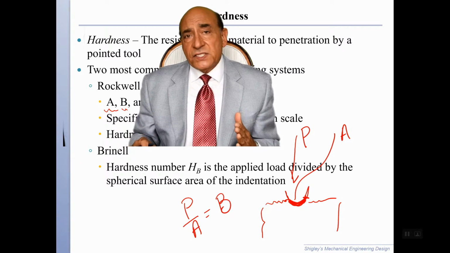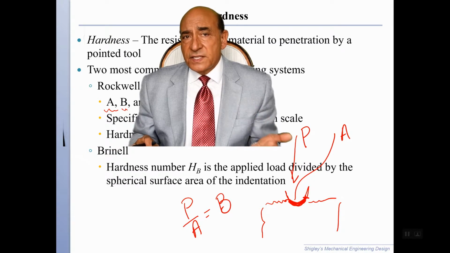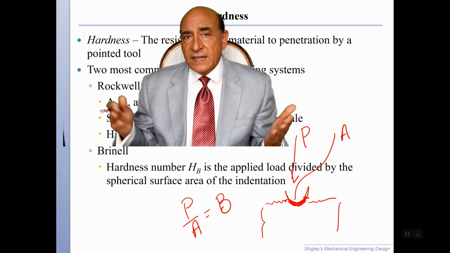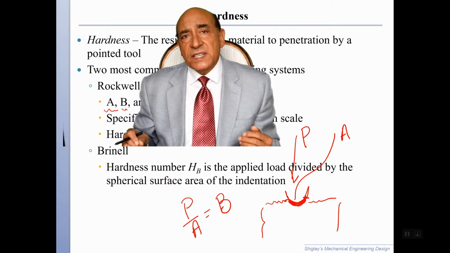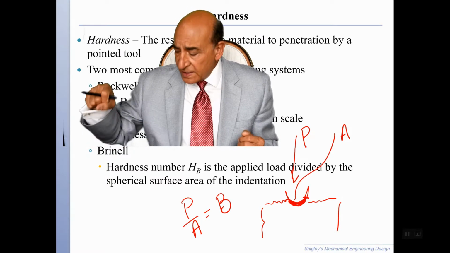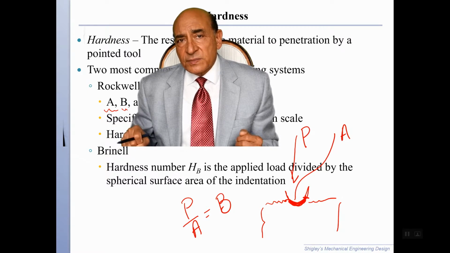Now, the advantage of this is that if I can find a correlation between the Rockwell or the Brinell hardness number and the strength of the material, I do not need to do extensive mechanical testing. I can just push on the material, and from pushing the material, I get a number. I have actually a dial, boom, I can get a Rockwell number or a Brinell number.